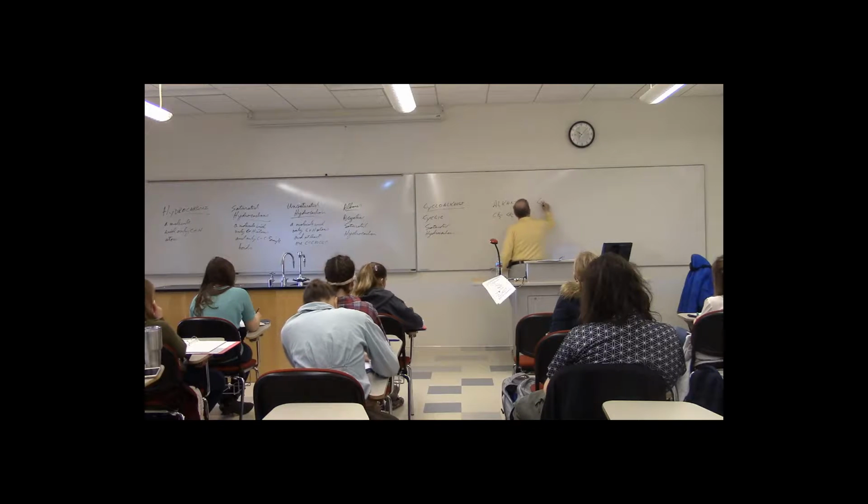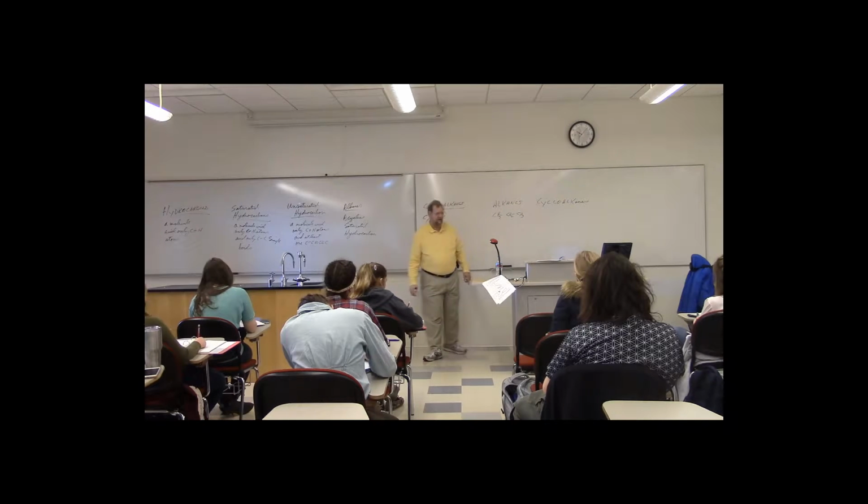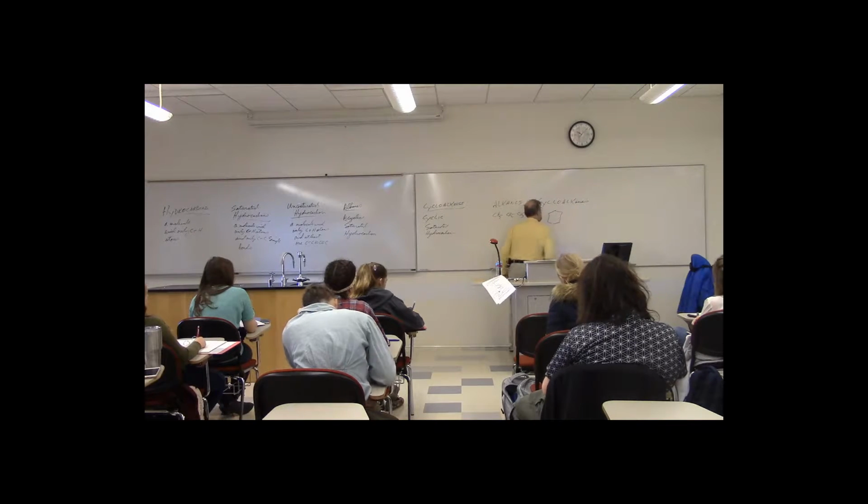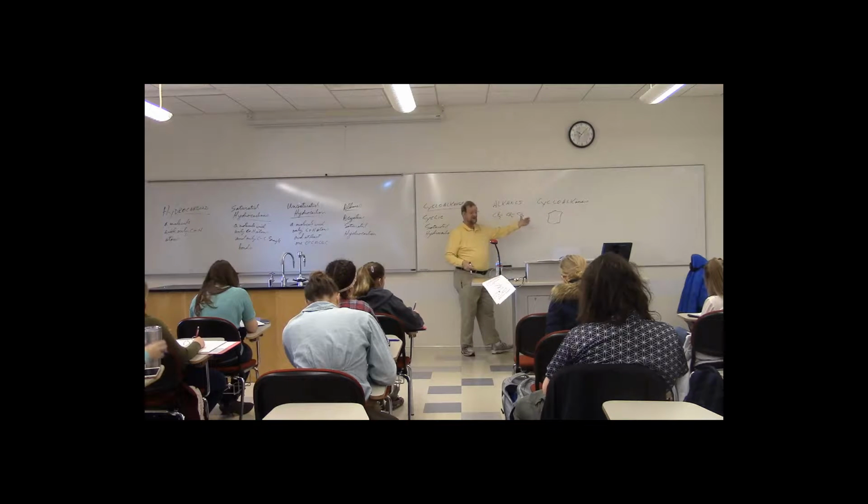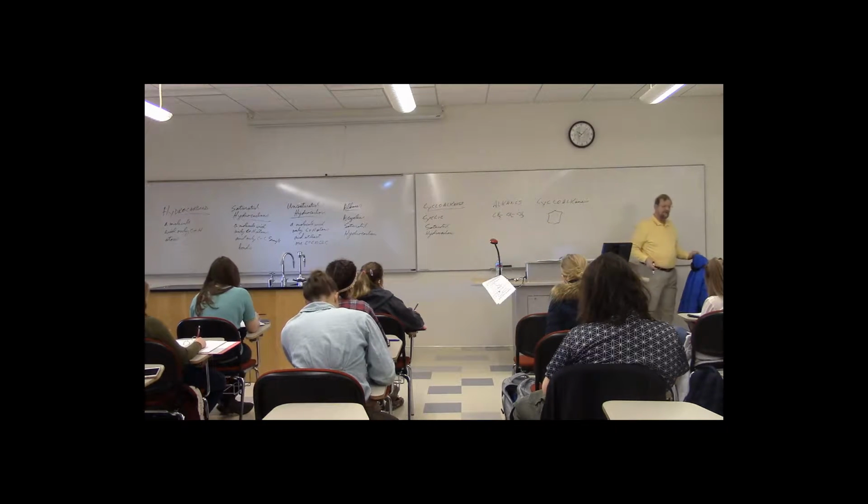I showed you how to draw the cycloalkanes. Every bend in a line is a carbon, and we use polygon shapes. This is 6 carbons, and you learn later on what that's called. 5, 3, and 4 I showed you also.